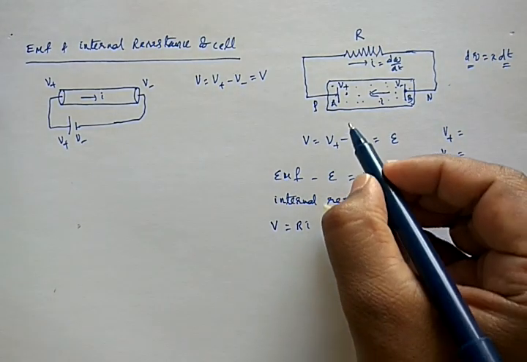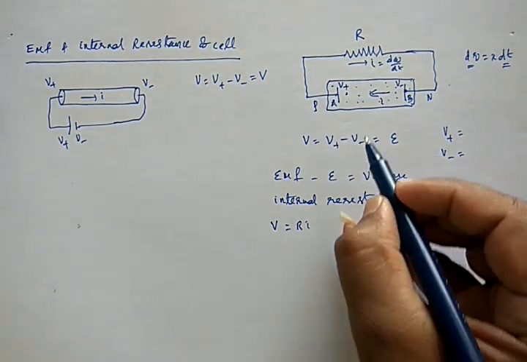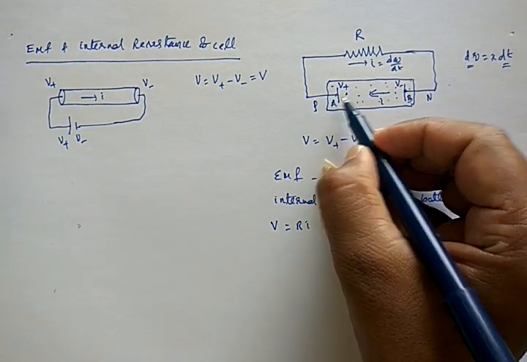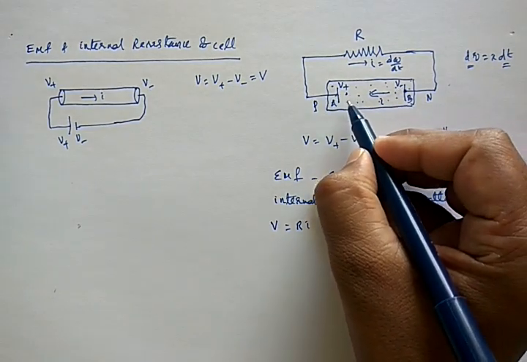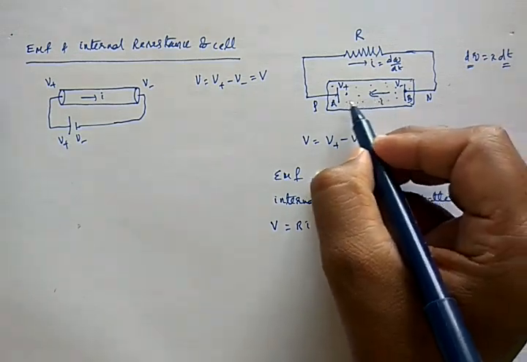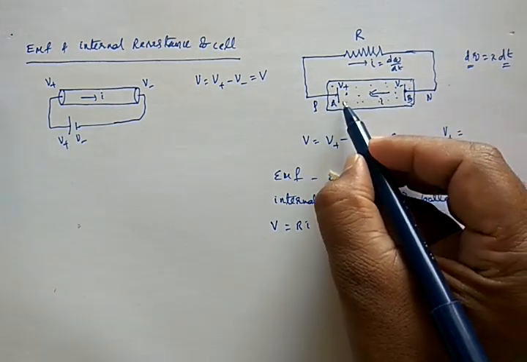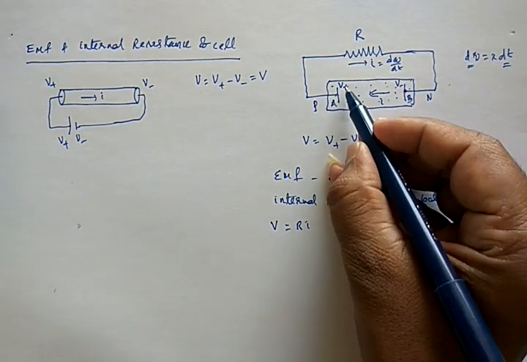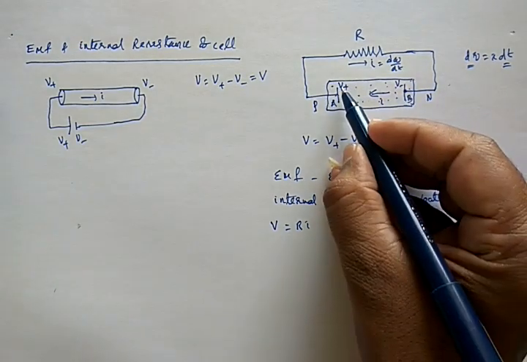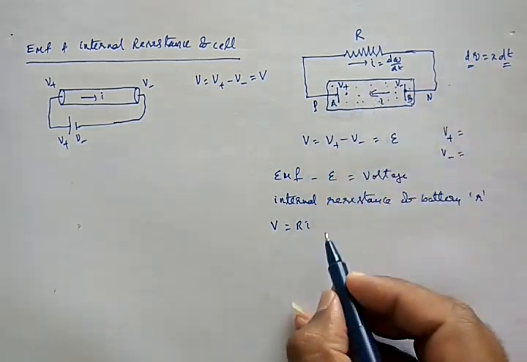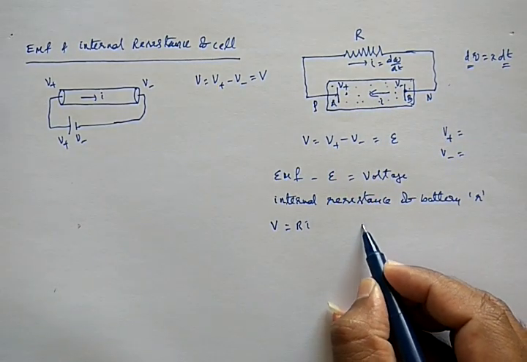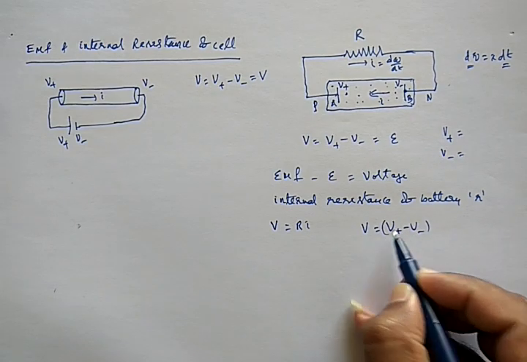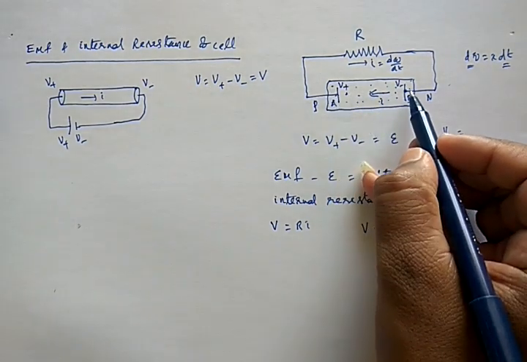And when you take the same voltage across these terminals of the battery, if you take it in this line, what will you be getting? Here it is V plus and here it is V minus, so the voltage difference will be V plus minus V minus, and that is the voltage across these terminals.